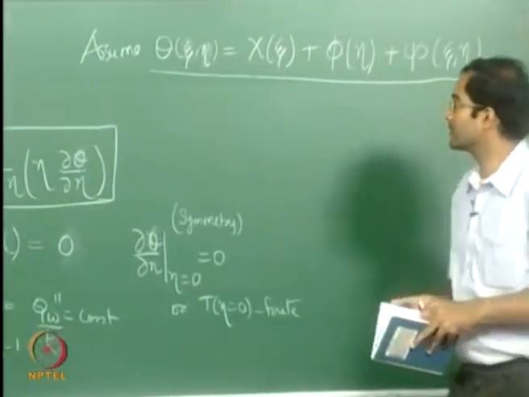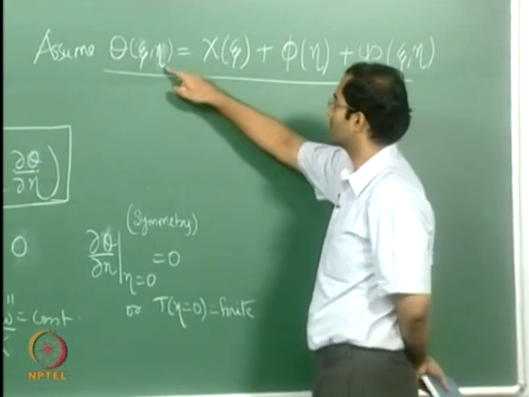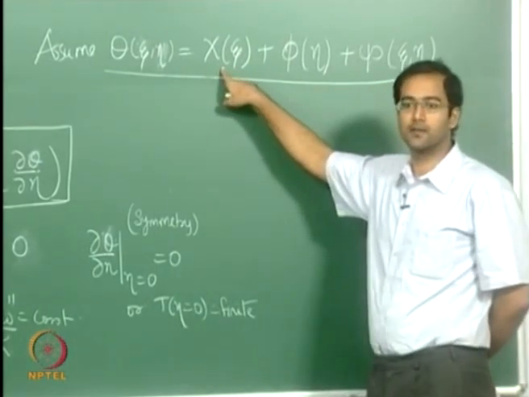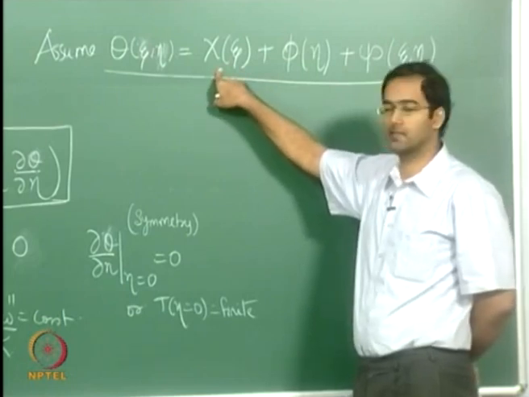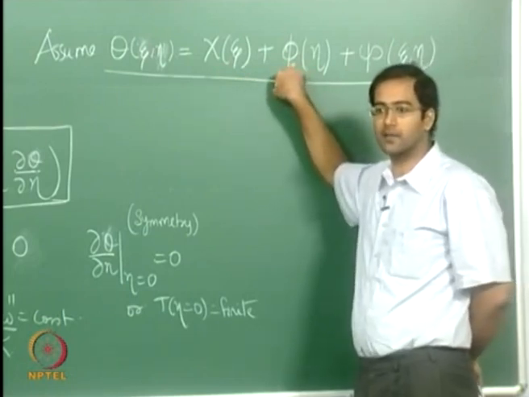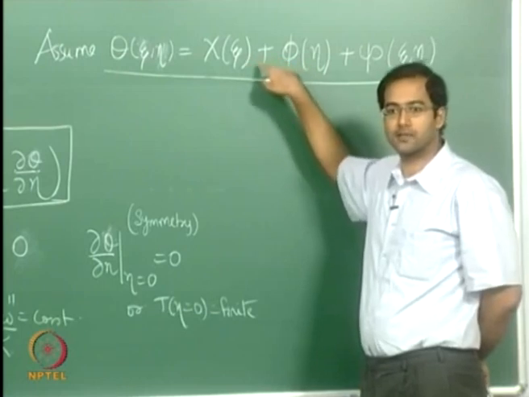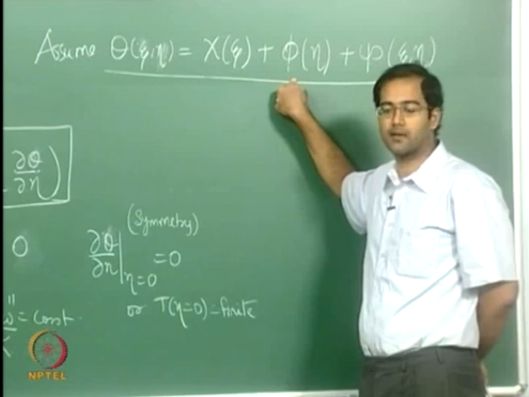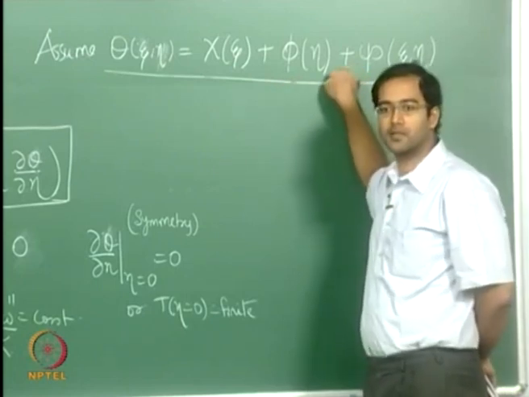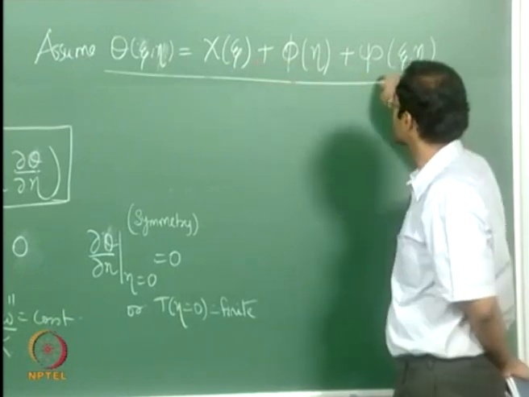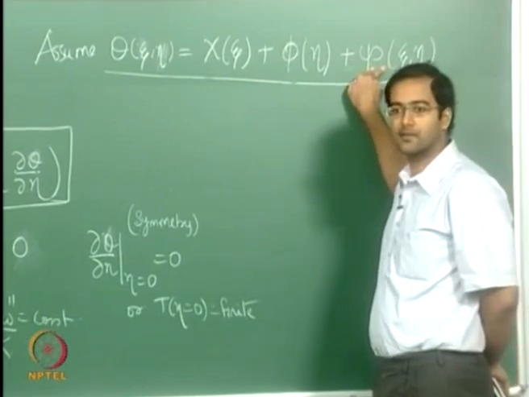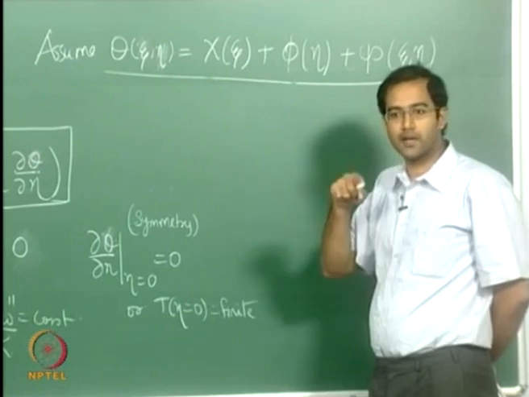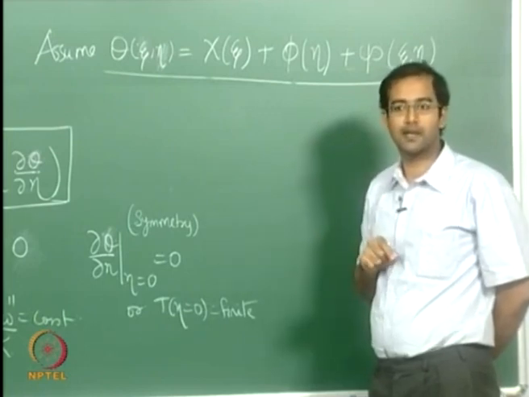So you are assuming that your actual solution consists of a summation of two independent solutions, one which is only a function of zeta, the other only a function of eta. Of course this is just an assumption. On top of it, the actual solution can be obtained if you add a perturbation, which you call xi, and the perturbation has to be a function of both eta and zeta. That brings out the interaction between the eta and zeta terms.